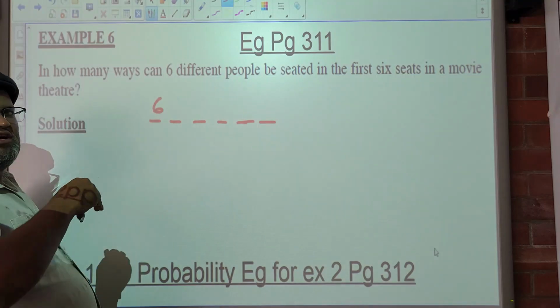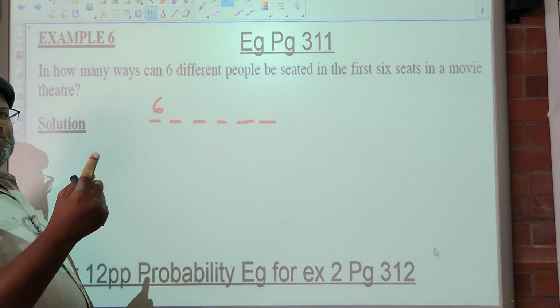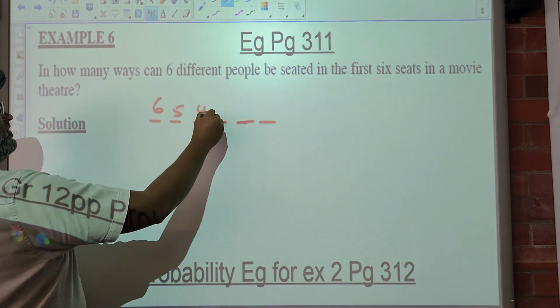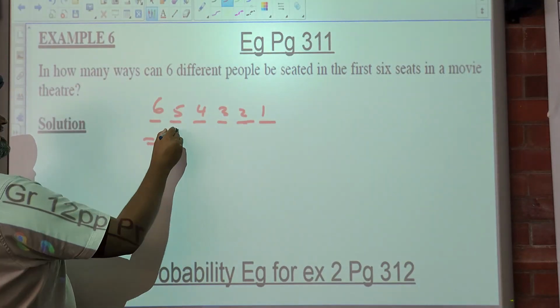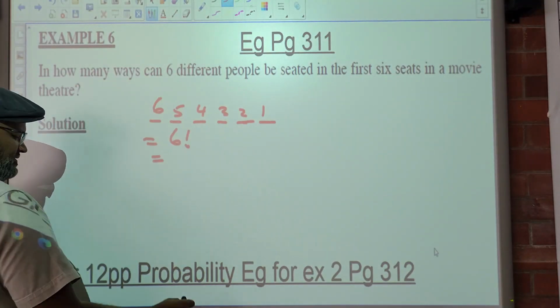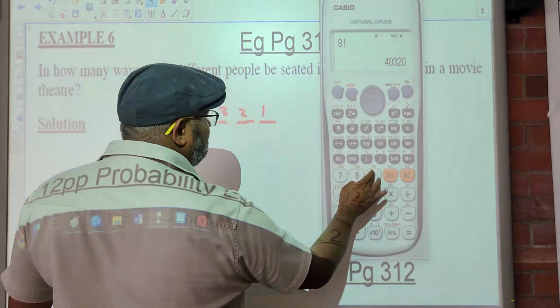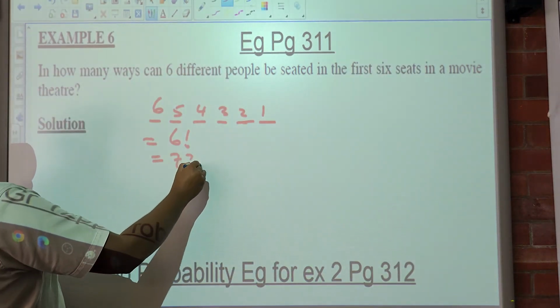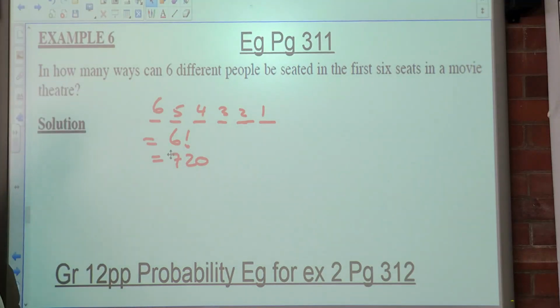Any of the 6 can sit in. If the first one is seated, how many can be seated in this? 5. Then 4, 3, 2, 1, which is the same as 6 factorial. I think it's 720. So any confusion there?